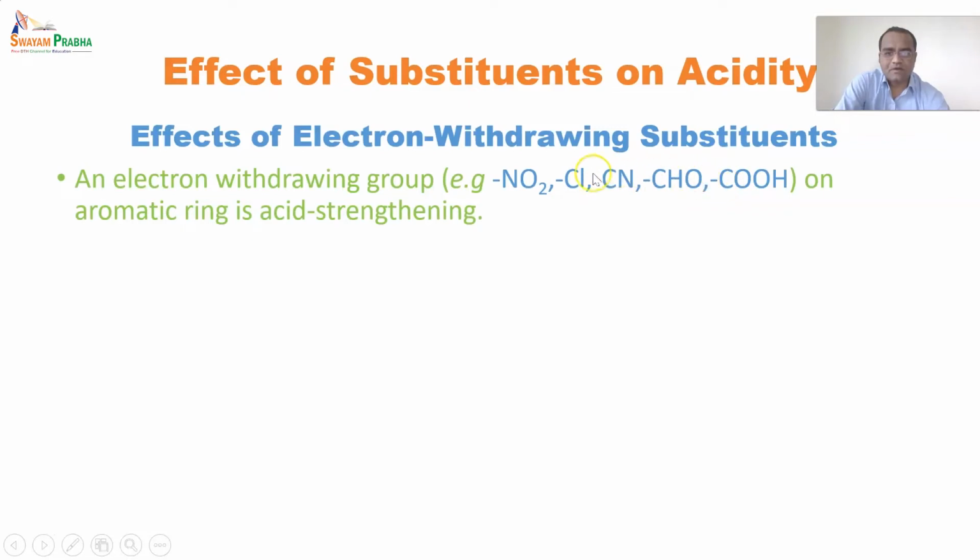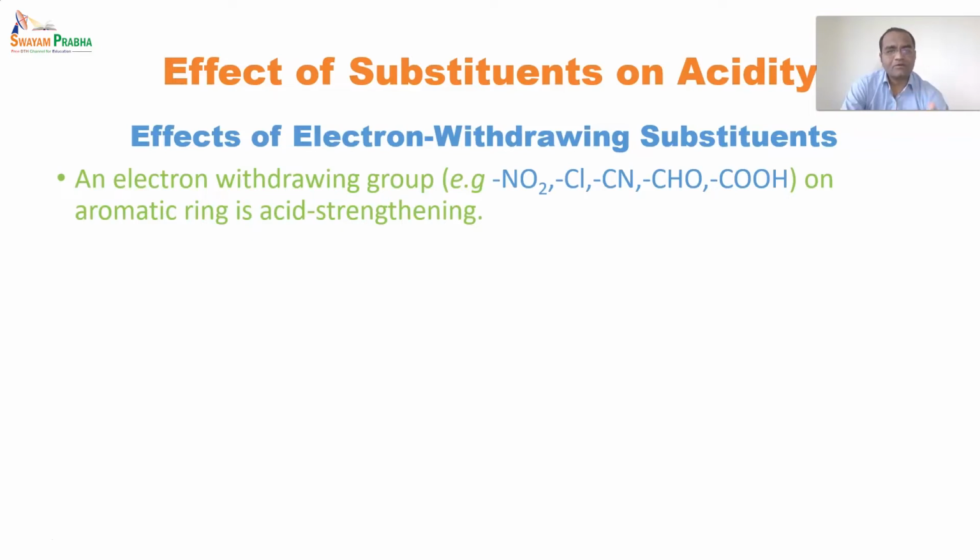So these are some electron withdrawing groups, and it is due to the fact that whenever the negative charge on a ring increases, the acidic strength decreases, and whenever the positive charge on a ring increases, the acid strength increases. The same thing happens because these are electron withdrawing substituents.